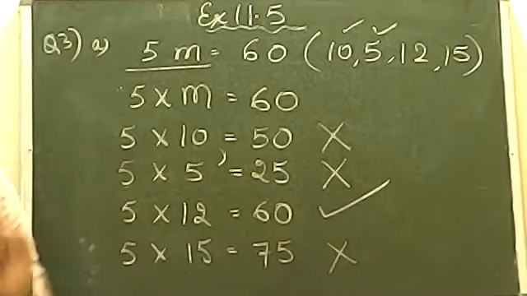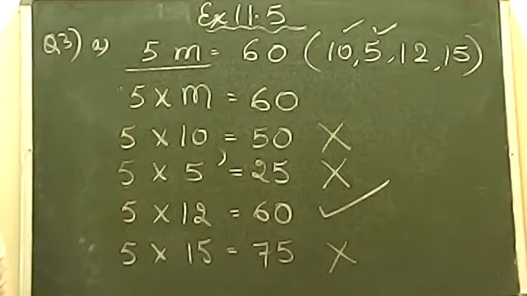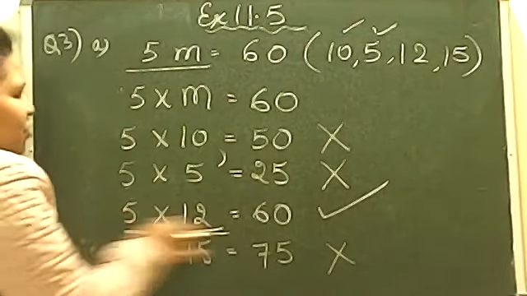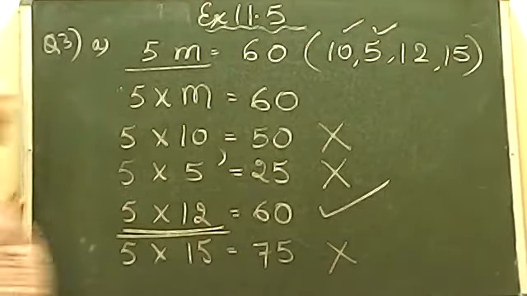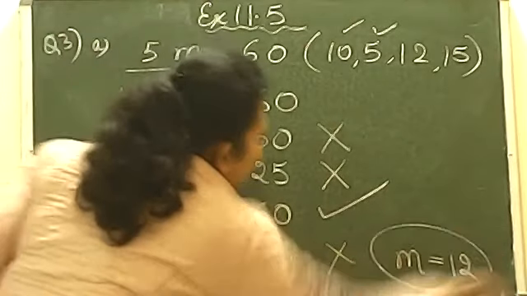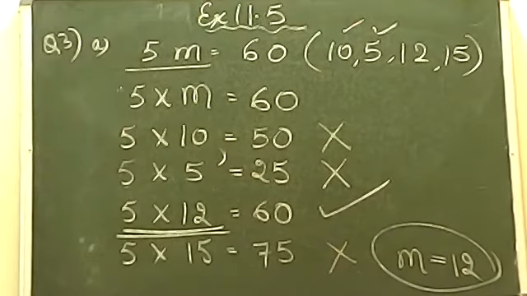May I know from you what is the right option? Tell me faster, what is the right option here? Yes, very true. The right answer is 12. Okay, so you will simply write it down as m is equals to 12. This is the complete solution.